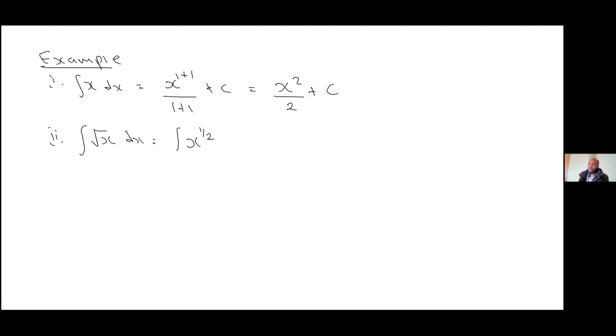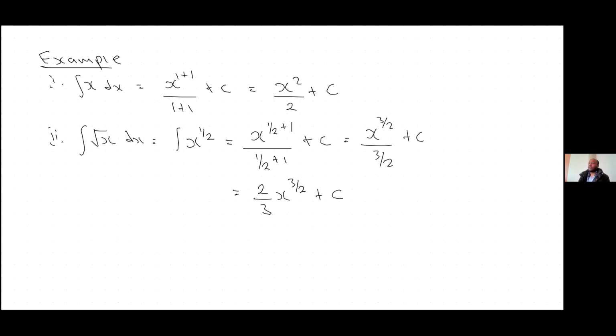Now it's in index form, we can integrate. We'll apply the 3 rules: add 1 to the power, divided by the new power, then add c. So it's going to give us x to the 3 over 2, divided by 3 over 2, plus c. Then you flip this, so it's equal to 2 over 3 x to the 3 over 2 plus c.